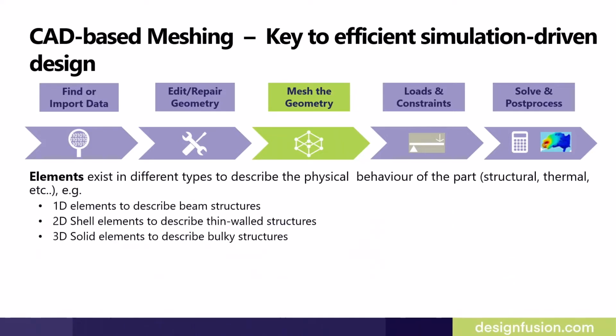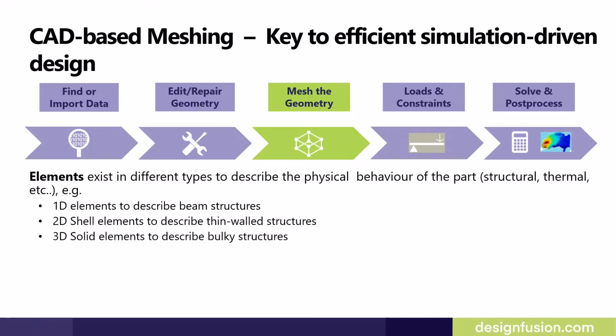There are different types of elements available to describe the physical behavior of a part. We can use a 1D element to describe a beam structure. Without building or designing the beam explicitly, we just need to add those properties to the 1D element to represent the beam structure, and we can perform a simulation.